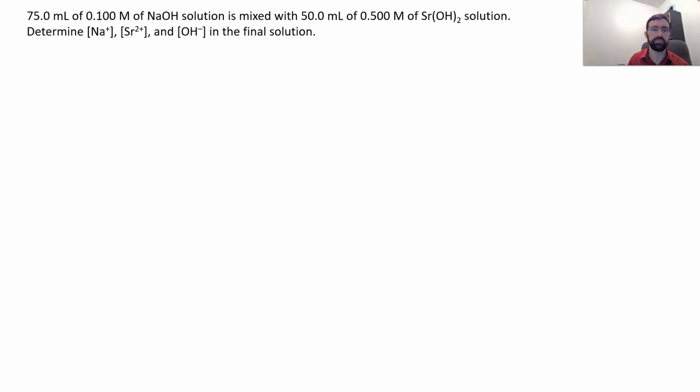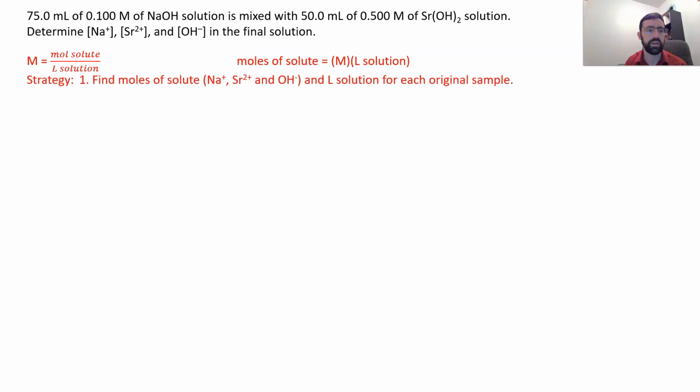Similar question. Maybe pause the video and try it on your own. Now I'll go through the solution. We've got our equations here that we're going to use. The strategy, step 1: we're going to find moles of solute and liters of solution for each of the original samples. We're going to add the liters of solution from each original solution together.